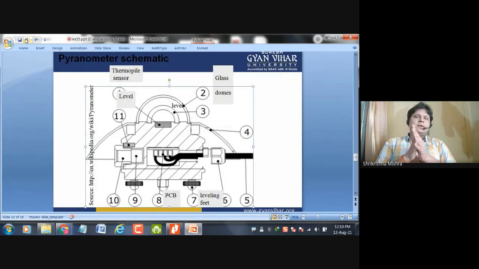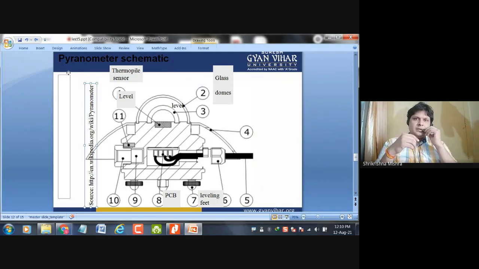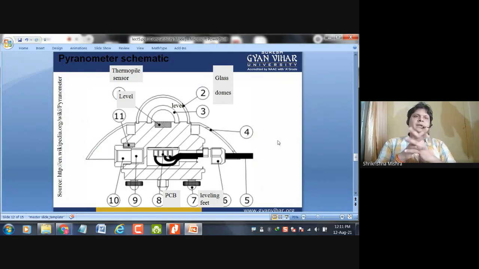Then comes the second diagram. This is basically a schematic diagram of the pyranometer. These are the different parts you can see. Let's start from the upper surface at the top.